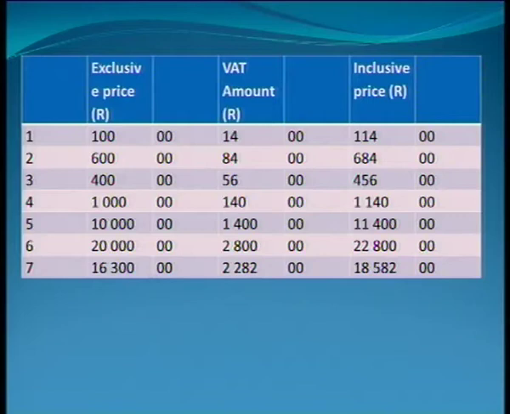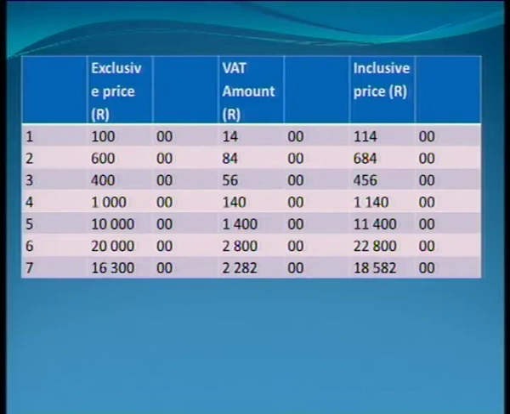You are given 3 columns to complete. You are given the VAT exclusive amount, and you will see that some figures were omitted for you to calculate. Then you are given a column to calculate the VAT amount, and another column to calculate the inclusive price.